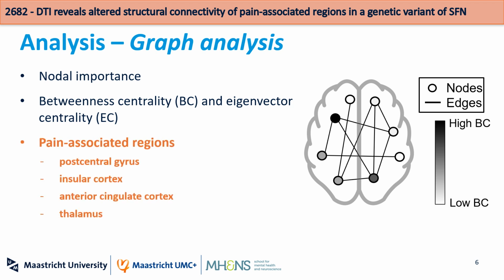And furthermore, we defined certain pain-associated regions to check whether the combination of these regions harbor a difference in the idiopathic, the genetic variant of SFN, and the healthy controls.